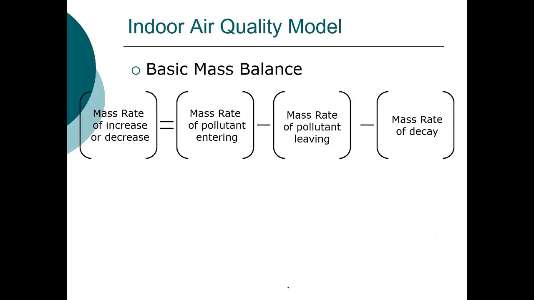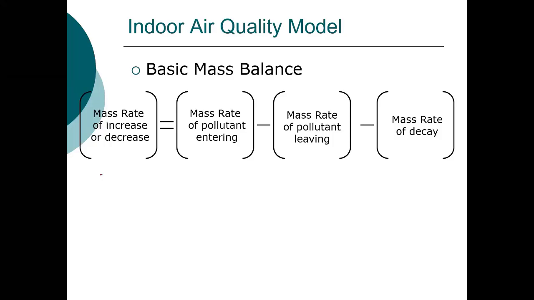Let's look at this in terms of mass balance, but in terms of words. As we've stated before, we can write a mass balance equation that the rate of change in mass in the system is equal to the mass rate entering, minus the mass rate leaving, minus the mass rate of decay.